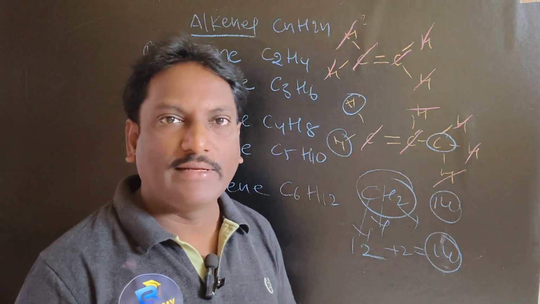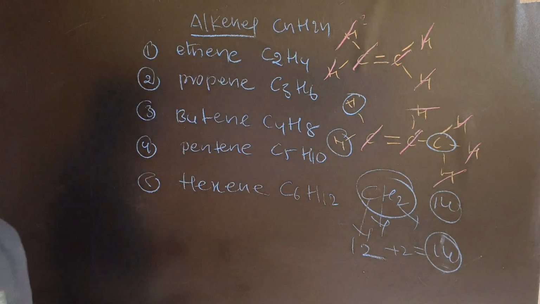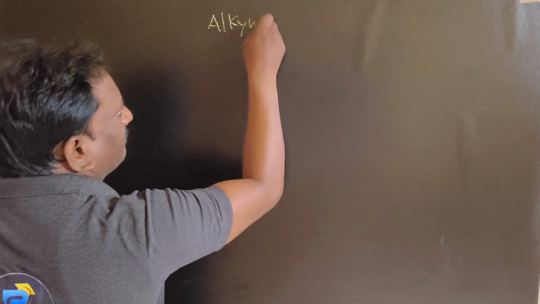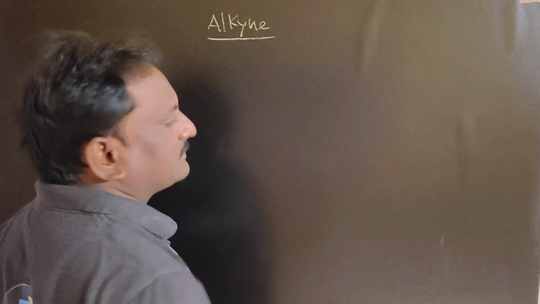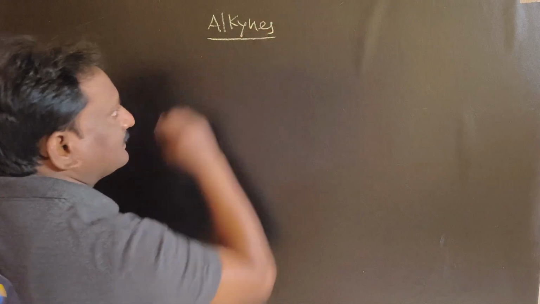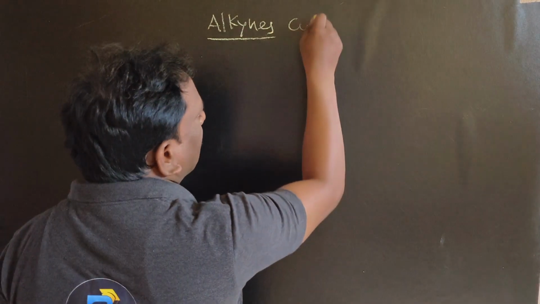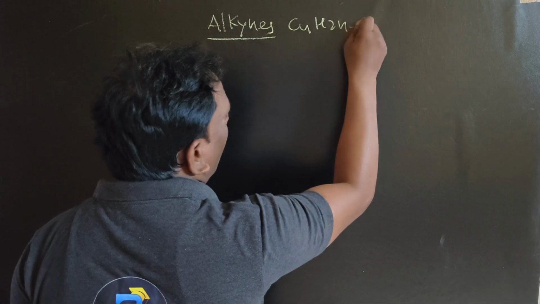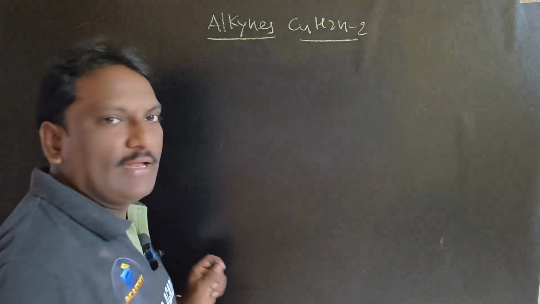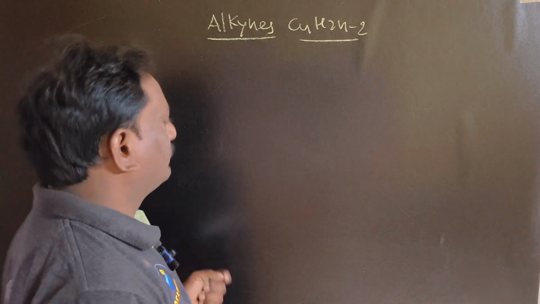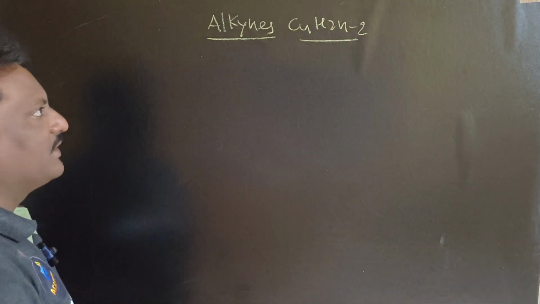Alkynes. The general formula is CnH2n minus 2.